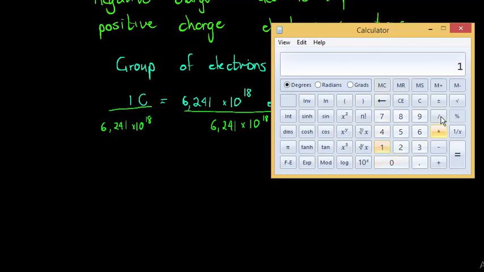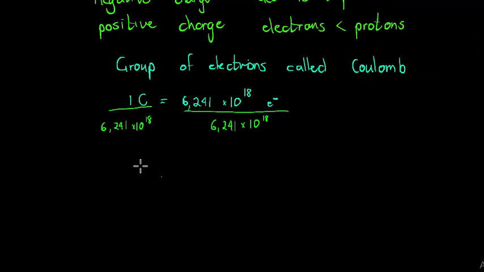We get 1 divided by 6,241 times 10 to the power of 18, and our answer is 1,602 times 10 to the power of negative 19. That's what this little e on the calculator represents, 10 to the power of negative 19.